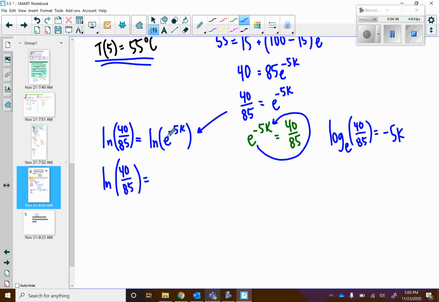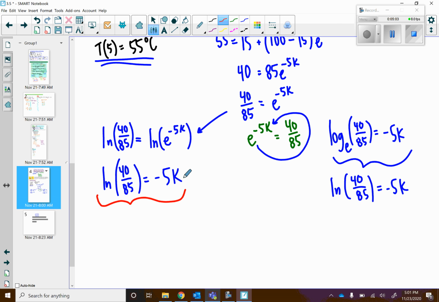Natural log of e, remember we don't have that anymore, so it's negative 5k. And over here, log base e, remember, is really natural log of 40 over 85 is equal to negative 5k. So long story short, we get to the same point. Both of these two methods are exactly the same. So regardless of which way you do this, with the swirl or taking the natural log of both sides, we are now here.